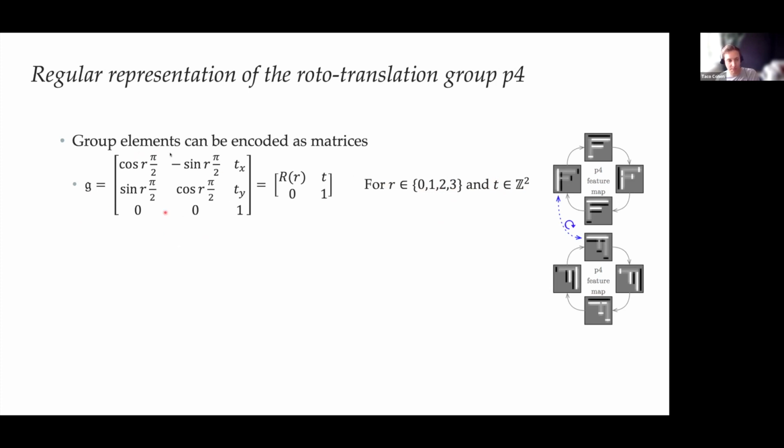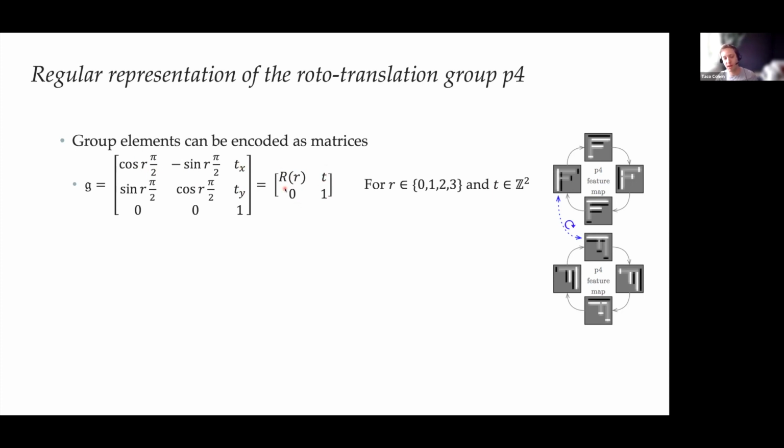And the way we construct the matrix is like this. We have here in the top left a rotation matrix that rotates by R times pi over 2. We can also write that here as a 2 by 2 rotation matrix, capital R of lowercase r. And then we have here our translation in the X and Y direction, which we also encode as a two-dimensional vector in this block matrix.